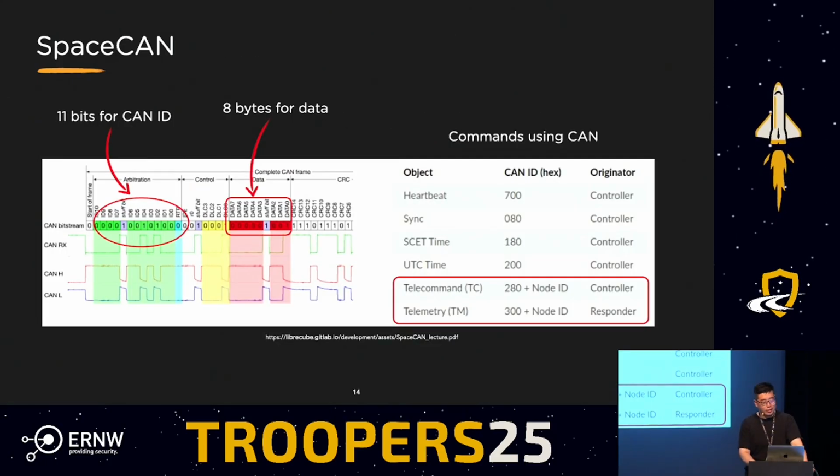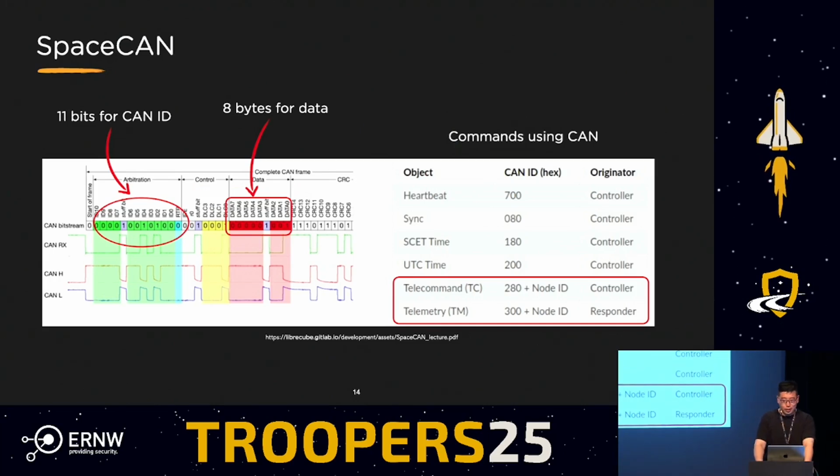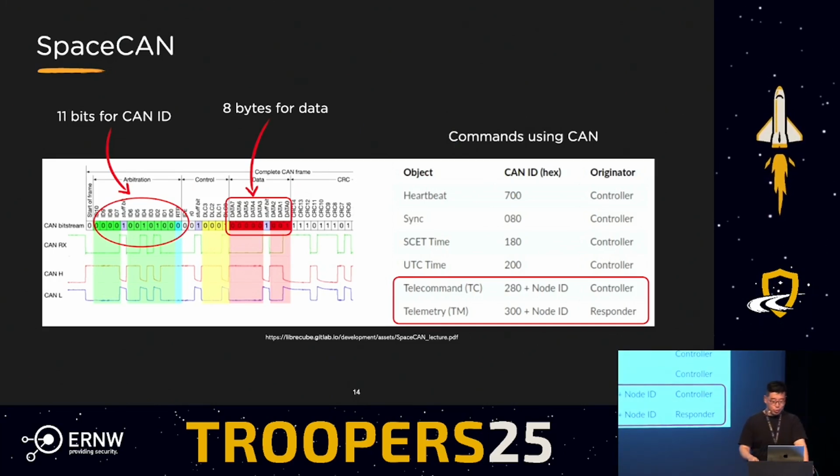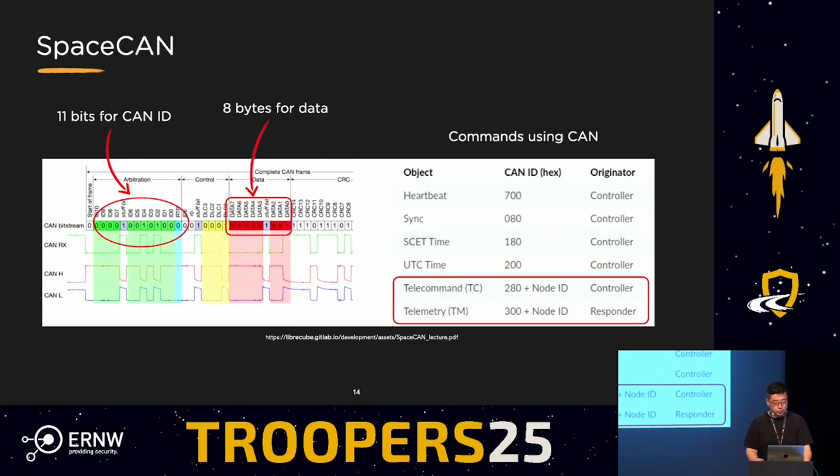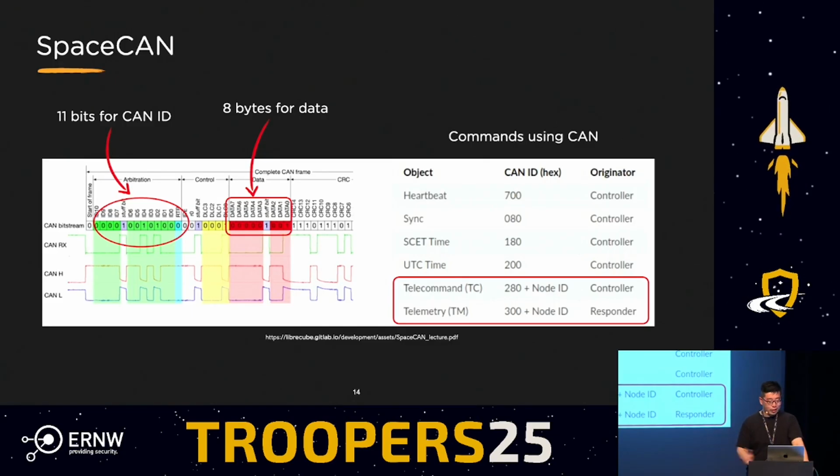Next, when I tried to do spoofing on this system, I had to know the architecture of the system and how SpaceCan works. On your left-hand side, SpaceCan uses the CAN frame to transfer data.